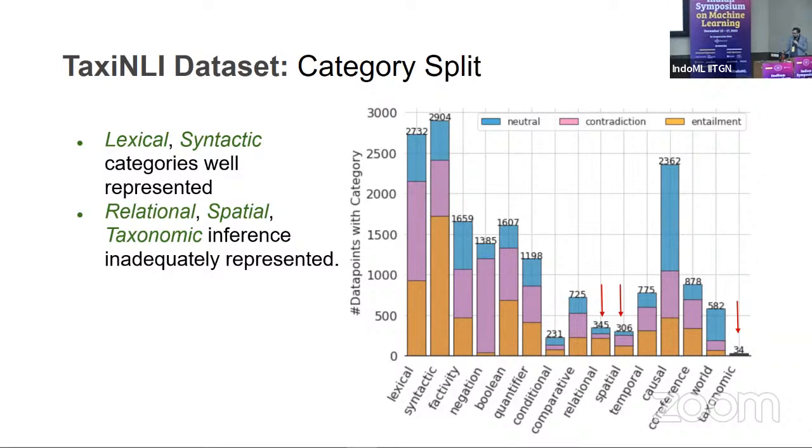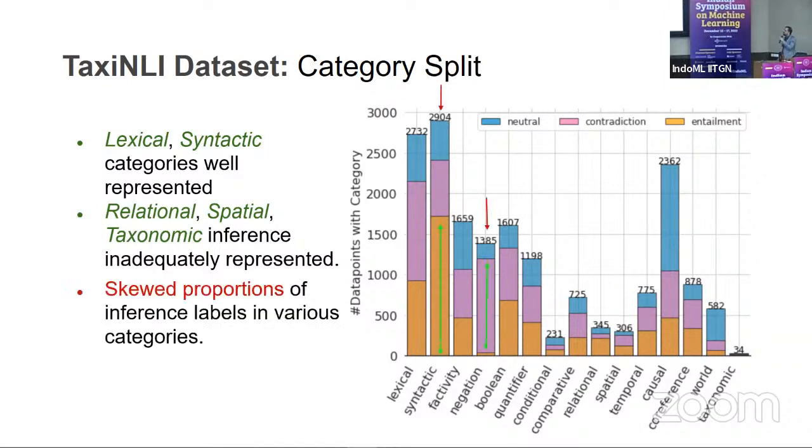Similarly, we also observed that there is a skewed proportion of inference labels. For example, negation has more contradiction, which was well known. But now we see one reason that these models are not learning anything about these other categories from these datasets: they simply do not have the data.